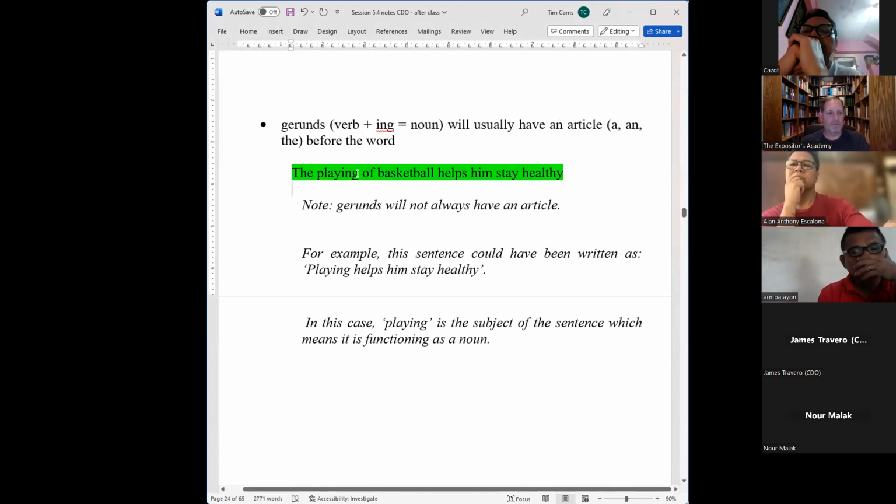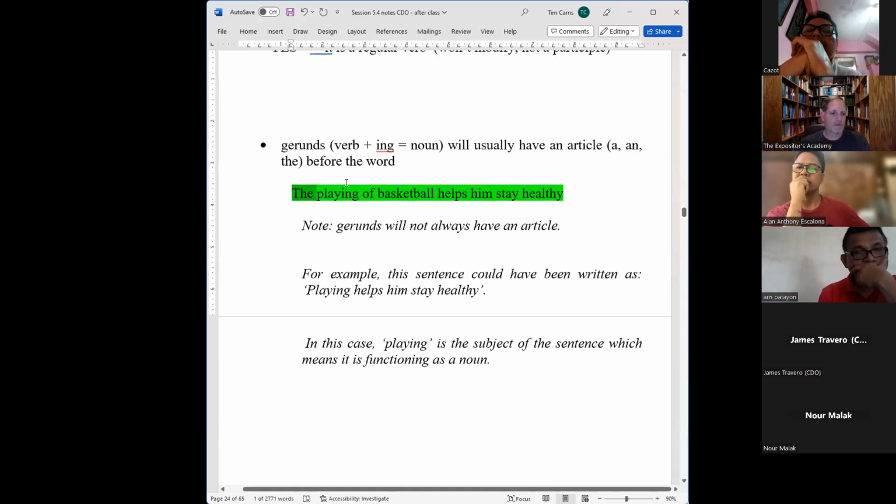Well, here, notice, there's my word playing again, but this time it's not a regular verb and it's not a participle. It's acting like a noun here. It's the subject of the sentence. And a clue here that often you'll see is an article in front of it. You see that word the? Verbs don't have articles.